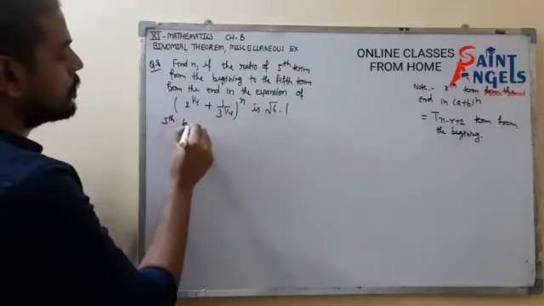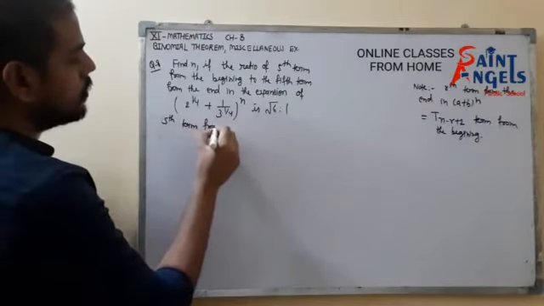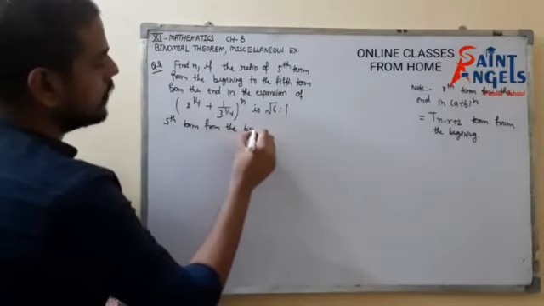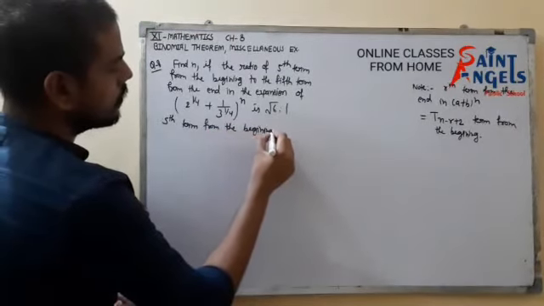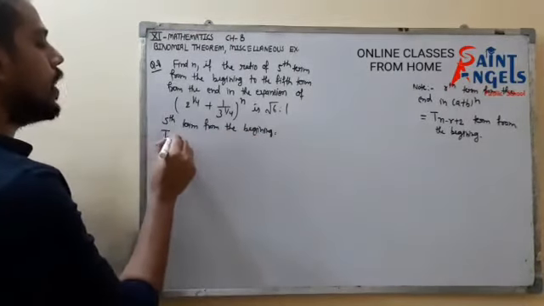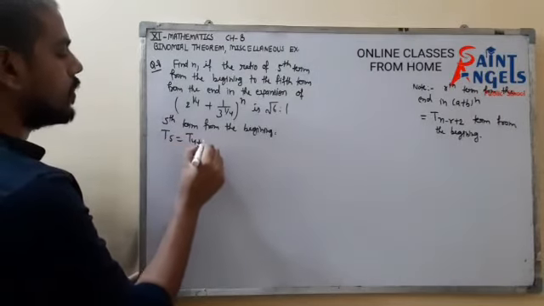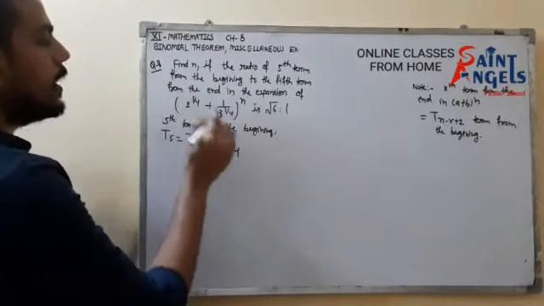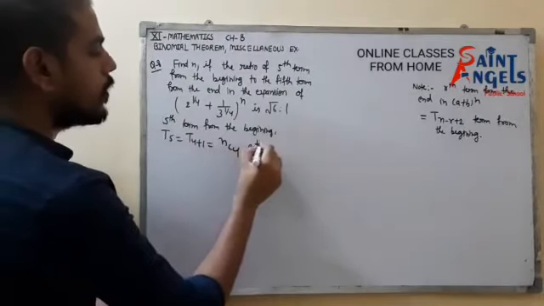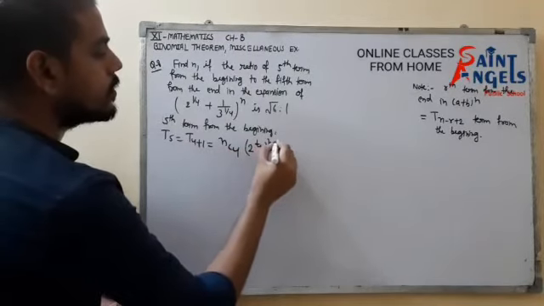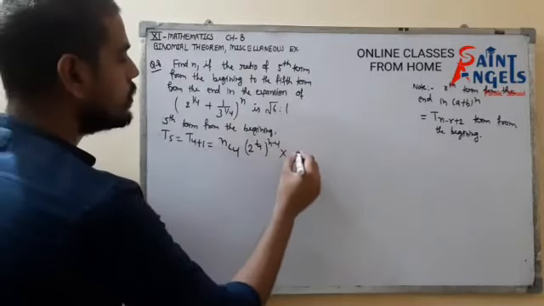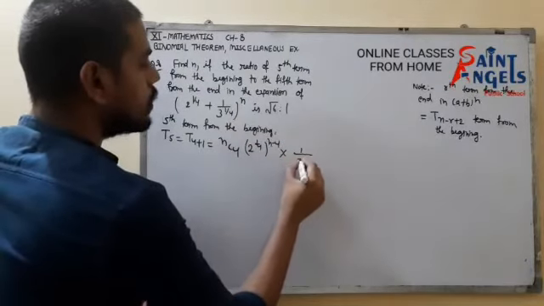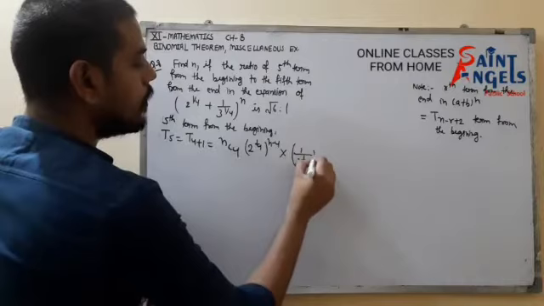Fifth term from the beginning. Okay, so it means t5, that is t4 plus 1, which equals nC4 into a to the power n minus 4, that is 2 to the power 1 by 4 to the power n minus 4, into b to the power 4, that is (1 upon 3 to the power 1 by 4) whole power 4.